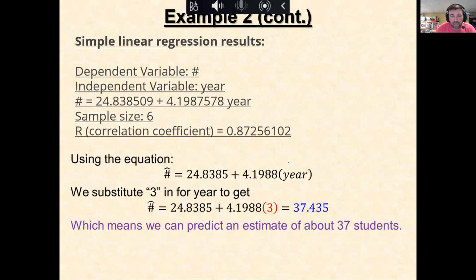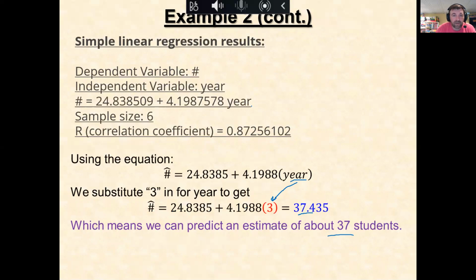And now we want to make a prediction in year 3. So to do that, I'm going to plug the number 3 in for the year. And I could just type this into my calculator. And if you do that, you're going to get about 37.4, which is representing the predicted number of students.